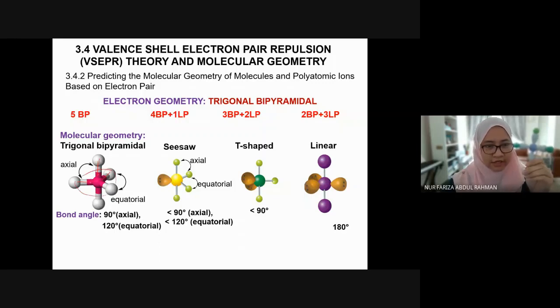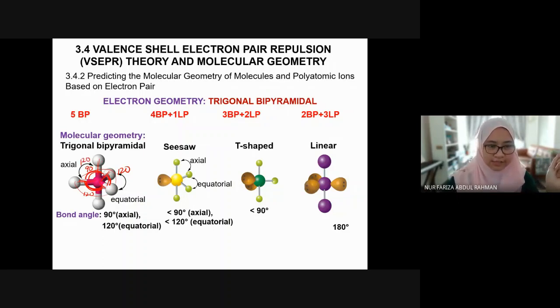So axial and equatorial, so this is 90 guys. Okay, look at the diagram. You may be watching me hold this, but actually I am discussing the diagram, the molecular geometry on the slides. Okay, and then this one, equatorial and equatorial here, so this will be 120. Okay, 120. This one also 120. This one at the back with this one is 120.